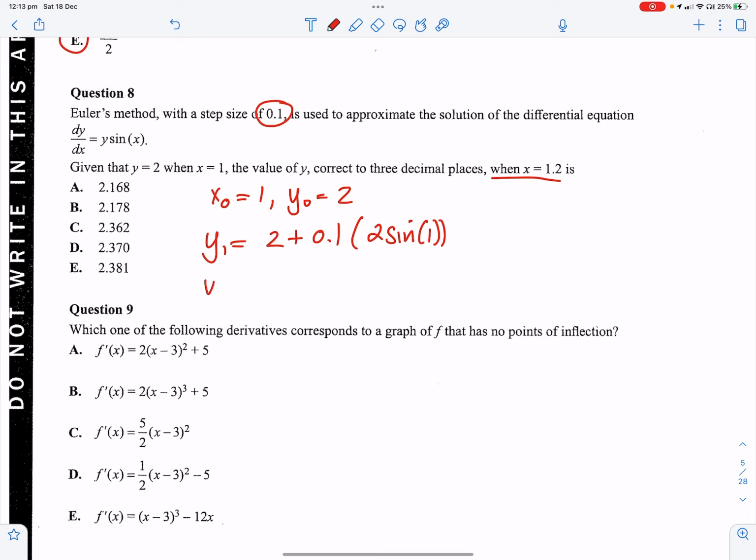And then we know y2 is that previous value, 2 plus 0.2 sine of 1, plus our difference, 0.1 times f of that last value.